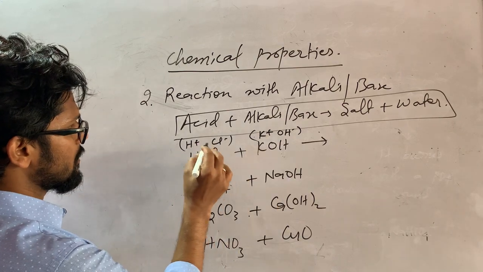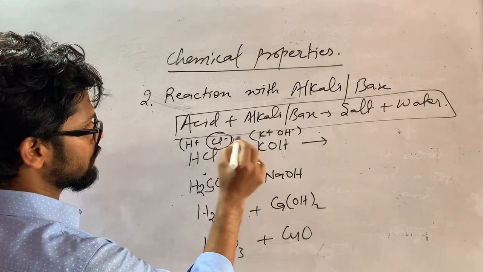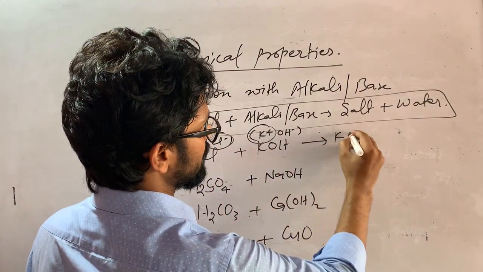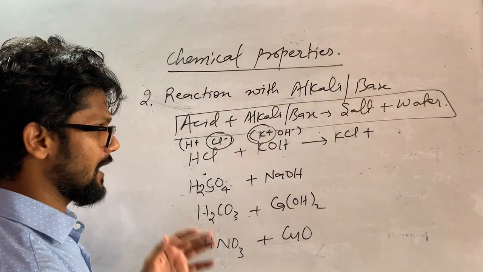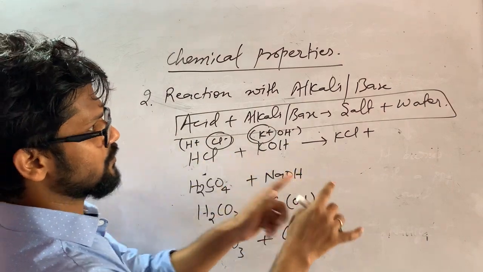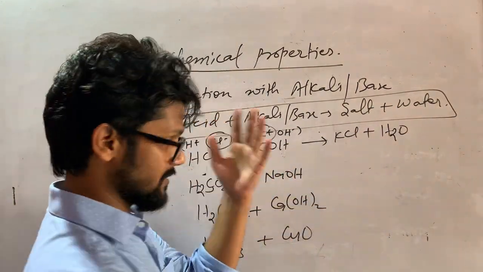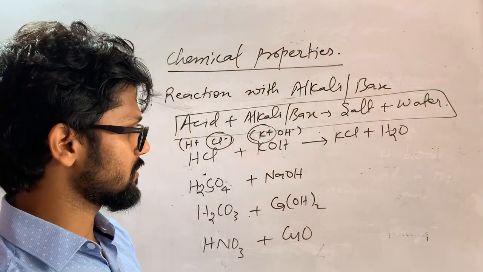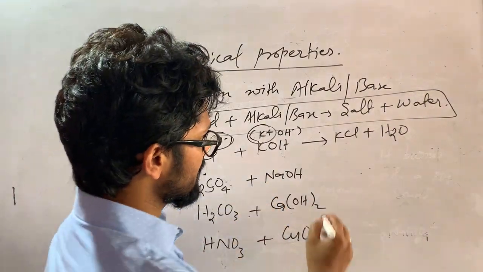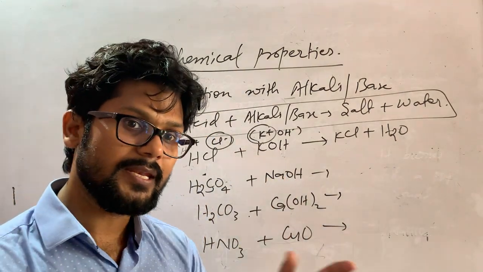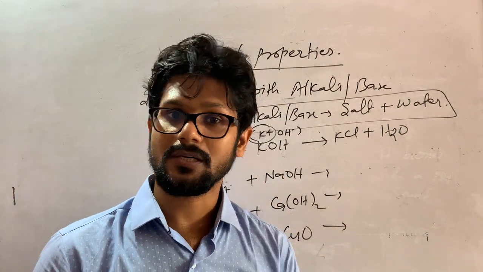Cross multiply, positive negative of the first will go with the positive of the second reactant. Both are monovalent, so product will be KCl, and as you know the formula of water, you can write here H2O. If the reaction is not balanced, you have to balance it, and the rest of the reactions you have to practice.